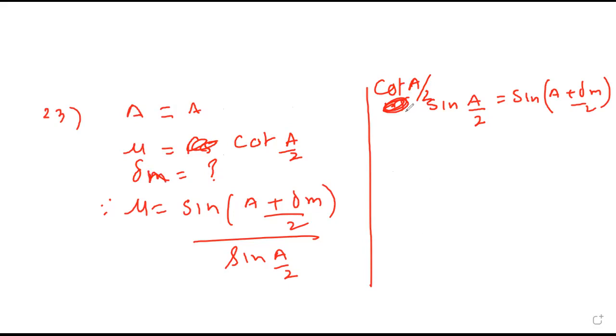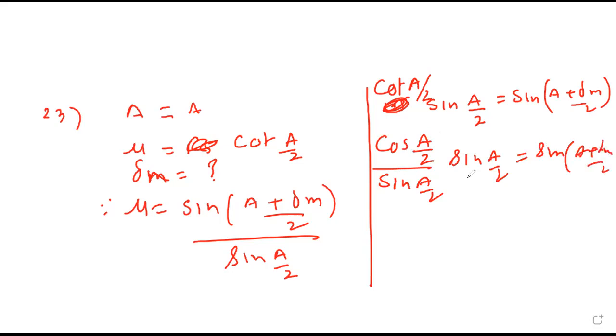Yes, sir. So cot we can write as cos upon sine. Sine will get cancelled. Cos A by 2 equals sine of A by 2 plus delta M upon 2.